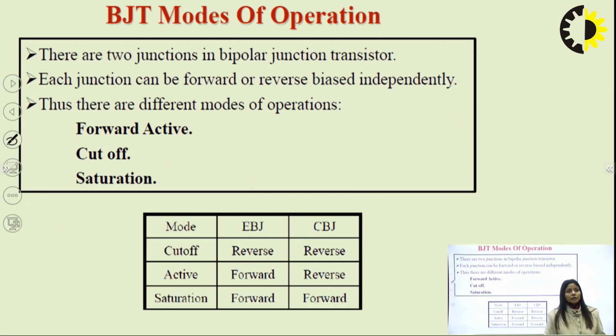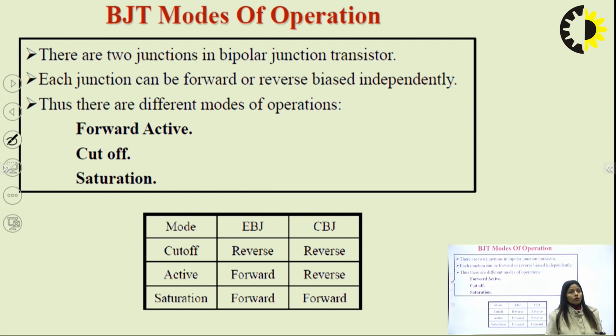Now coming to the BJT modes of operation. As I said, there are four combinations in which we can bias our emitter base junction and collector base junction. So there are four modes of operation, for which four types of biasing are done.